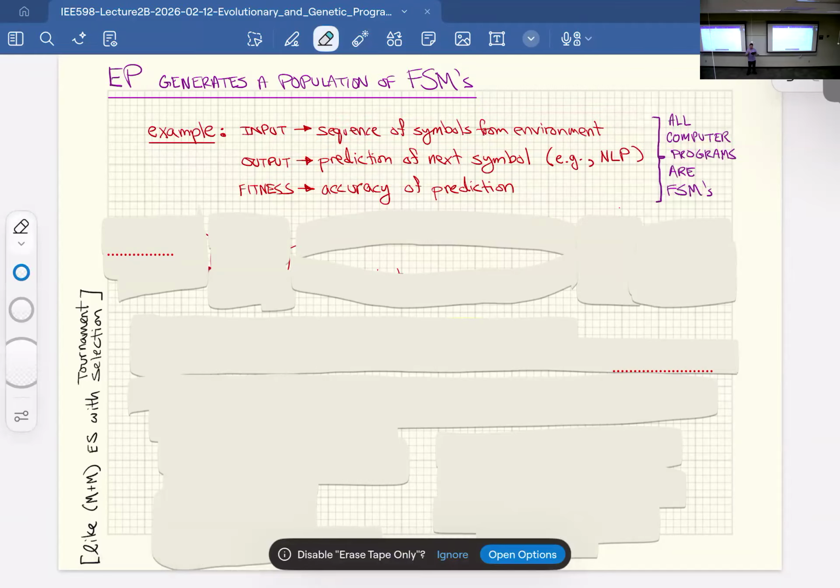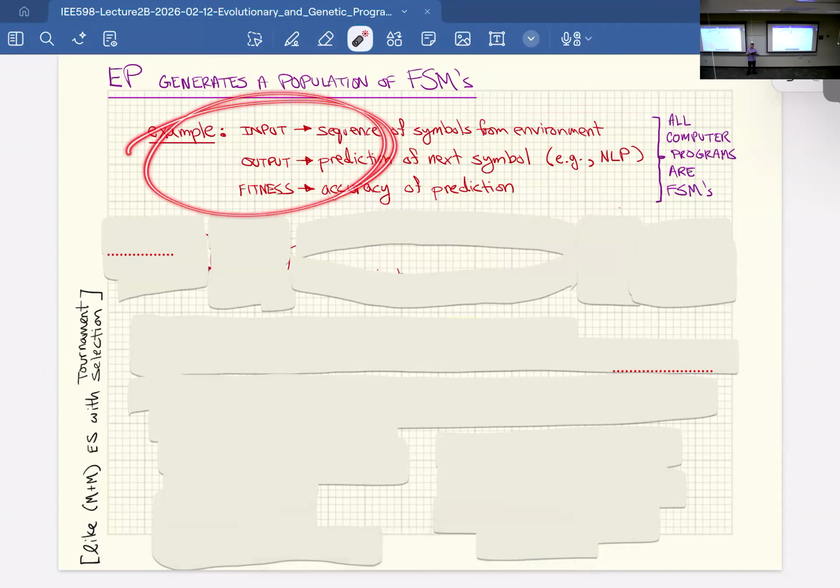As a reminder, it's going to evolve a finite state machine, and all computer programs can be viewed as finite state machines. Every finite state machine you can write as a computer program, and every computer program you can write as a finite state machine. So evolving finite state machines is equivalent to evolving software.